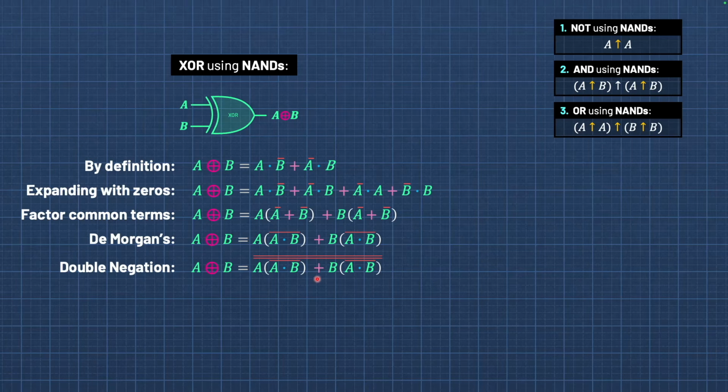So let's look at what we have. I have A multiplying A and B, plus B and A and B, negated, everything negated with a plus. Everyone, how can I replace this plus right here? You know the answer to that already. De Morgan's law. So I can use De Morgan's law to replace this big chunk of negation that I have inside by these two terms ANDed with itself.